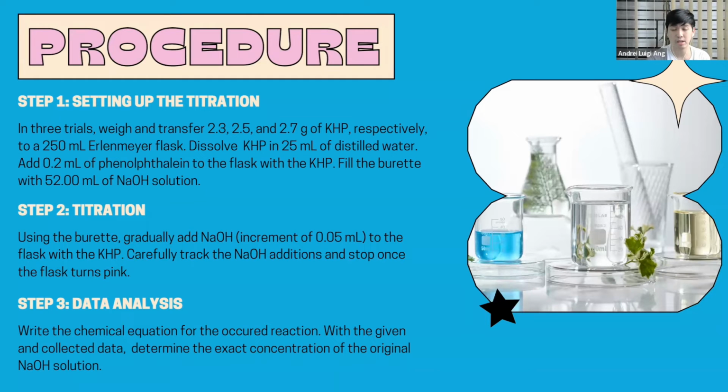Afterward, 0.2 ml phenolphthalein was added to the flask, serving as an indicator when there are excess hydroxide ions. Subsequently, the burette was filled with 52 ml of NaOH, and then a precise titration was performed with increments of 0.05 ml. When the flasks turned pink, we stopped the titration, inputted the collected data, and calculated the desired values.